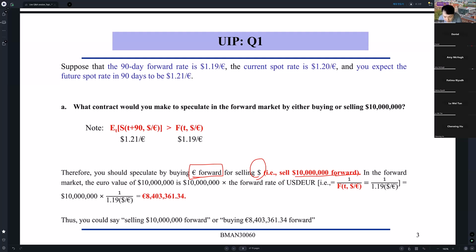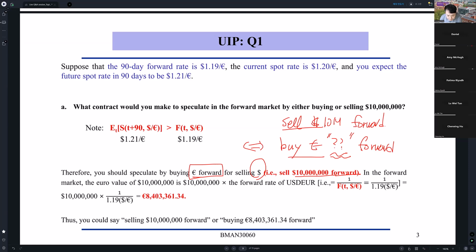Now, in the forward market, sell $10 million forward. Equivalently, we can say buy some amount of euro forward. There are two ways of saying exactly the same thing. Then we need to compute this number.